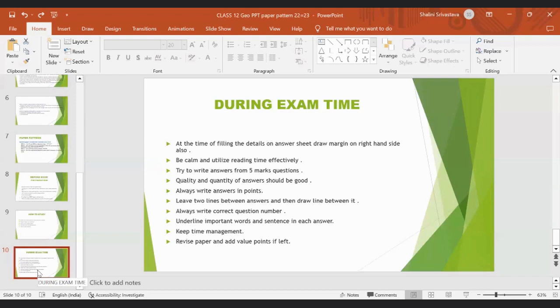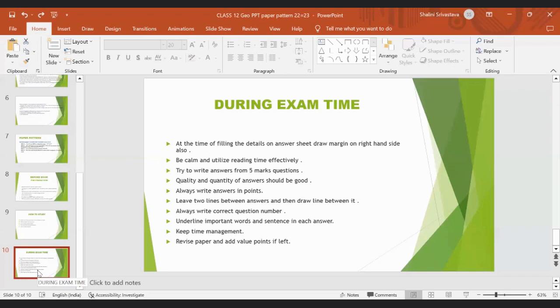Try to write answers to the 5 marks questions first, because whatever energy you have, you should use it in writing 5 marks answers. Quality and quantity of the answer should both be good. It's not only that you have written good quality answers, but sometimes quantity is also required, so go for that also.